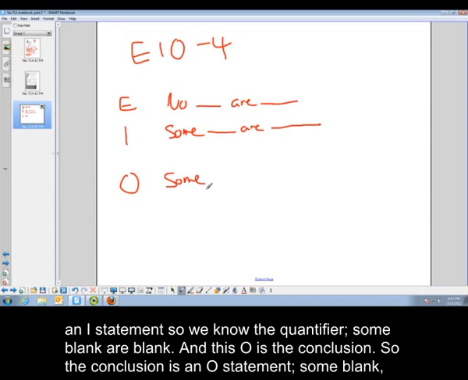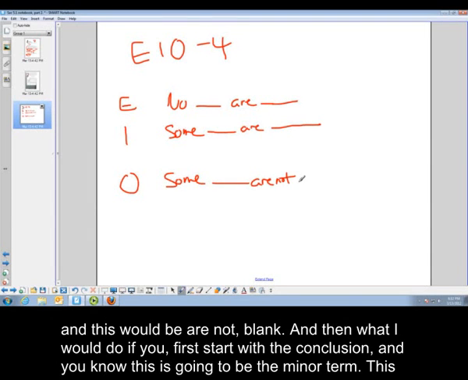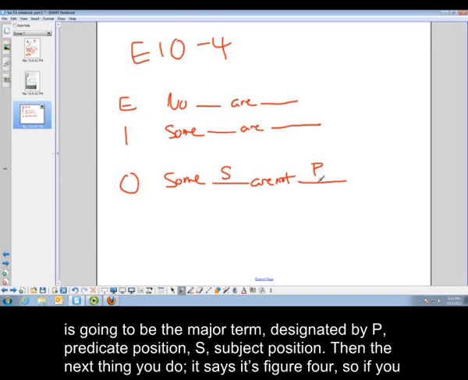So the conclusion is an O statement, some blank, and this would be R naught blank. And then what I would do if you first start with the conclusion, you know this is going to be the minor term. This is going to be the major term, designated by P predicate position, S subject position.